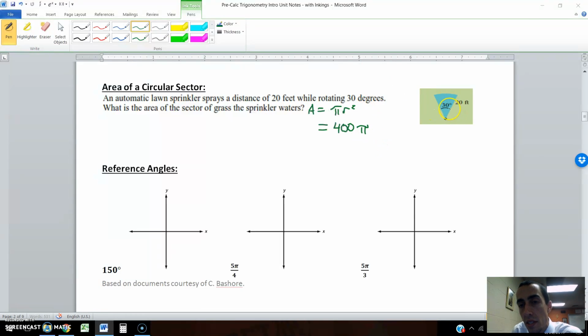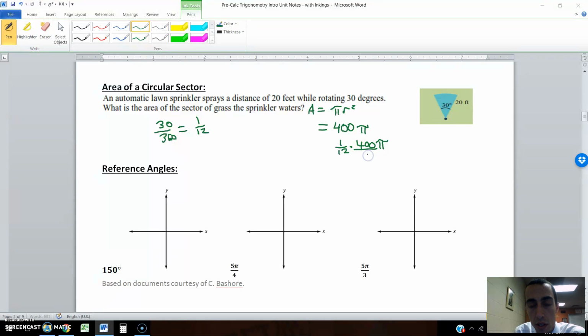Now we notice that this sector isn't a full circle, it is a fraction of a circle. Then we ask ourselves, what fraction of a circle is it? Well, it's 30 degrees, and a full circle is 360. So essentially what we have here is 1/12 of an entire circle. So I know 1/12 of 400 pi. What is that? 1/12 times 400 pi.